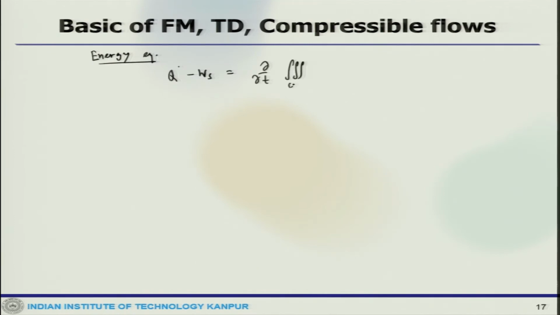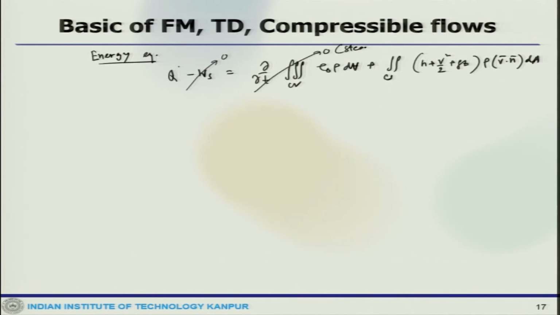Similarly, you could write the energy equation, with rho V dot n dA. Now, no shaft torque, so this goes to 0; this goes to 0 for steady; this goes to 0 for no body force.